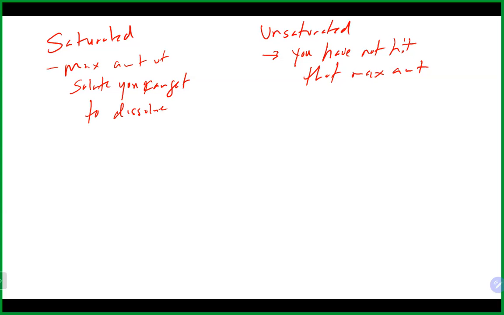So there's not necessarily that direct tie-in. If you just put a little bit of sugar in there and stopped, you definitely have an unsaturated solution. It'd probably still be dilute. But if you got close to a saturated solution by dumping the sugar in, you may not have hit a saturated solution, but you still have a pretty concentrated amount, if you're just right below that line. So there is a slight difference between those two.